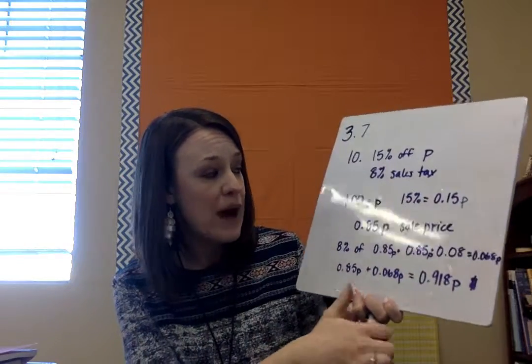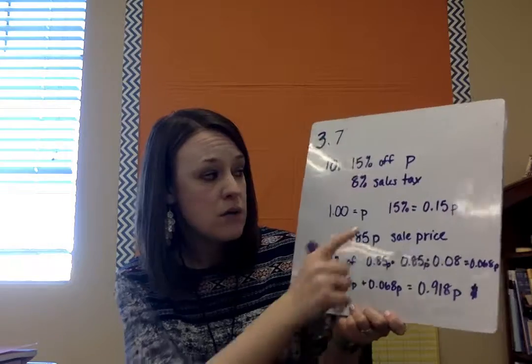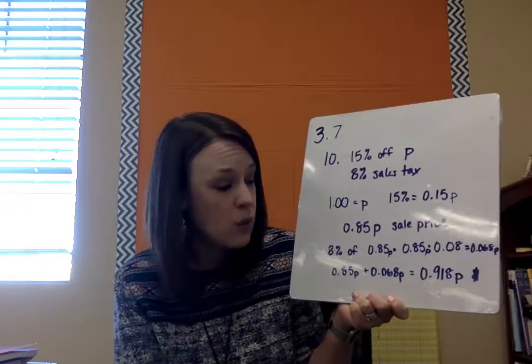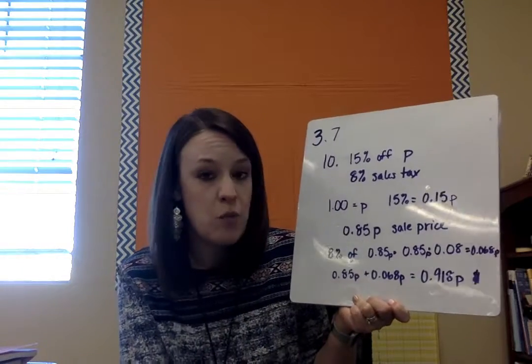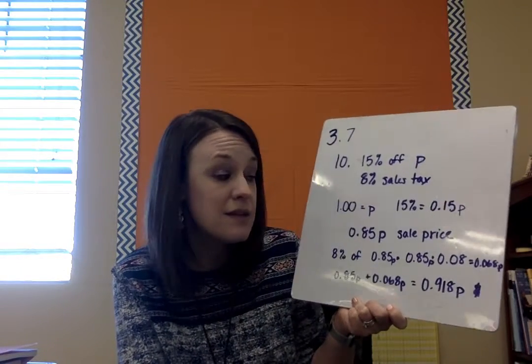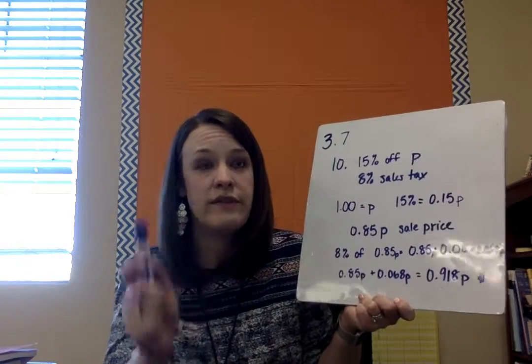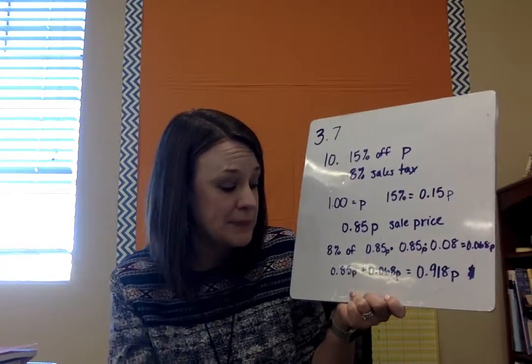When you subtract 0.15 P from P, which again we're looking at as being 1, we end up with 0.85 P being the sales price. So now we need to work through to figure out what the sales tax would be.